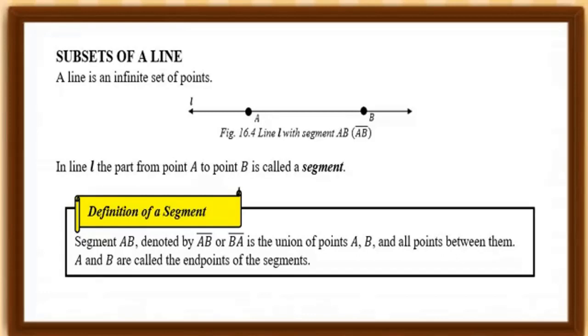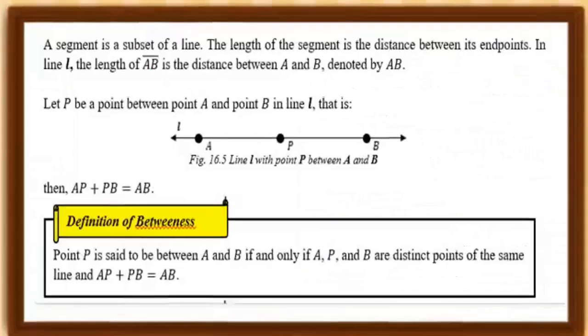A and B are called the endpoints of a segment. A segment is a subset of a line. The length of the segment is the distance between its endpoints. In line L, the length of segment AB is the distance between A and B, denoted by AB.